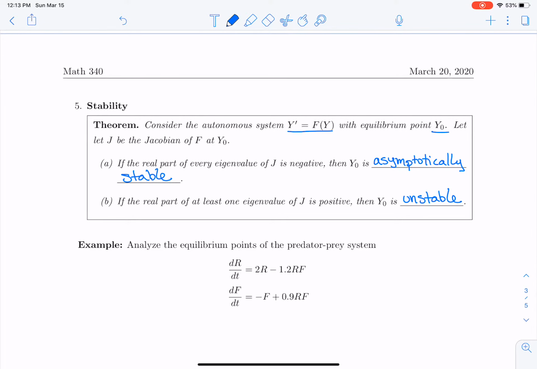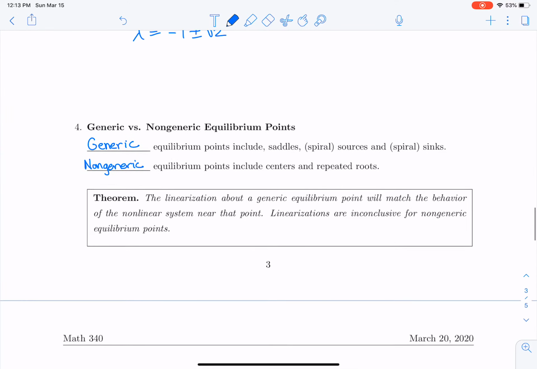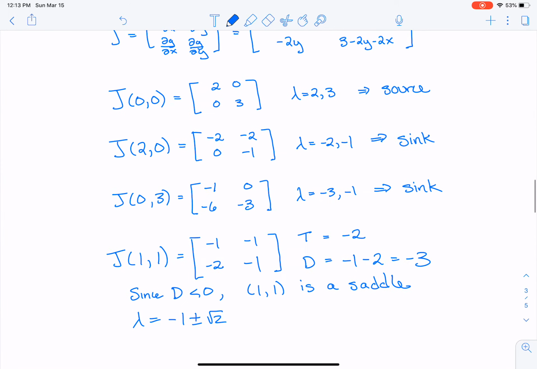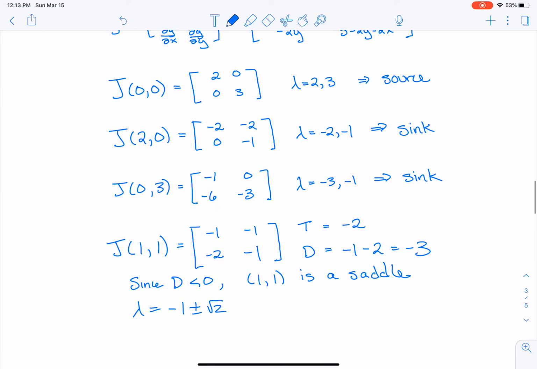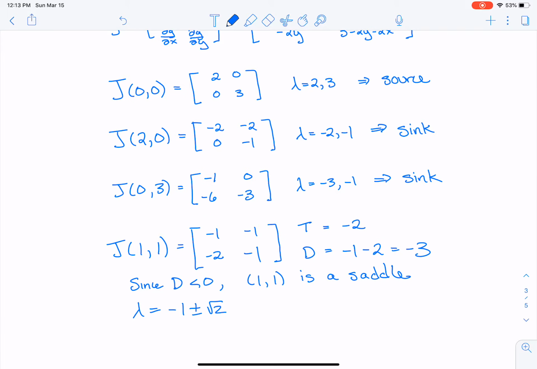So you can go back to our example, and we'll see here that (0, 0) is a source, and that is unstable because both our eigenvalues are positive. (2, 0) is a sink, that is stable.